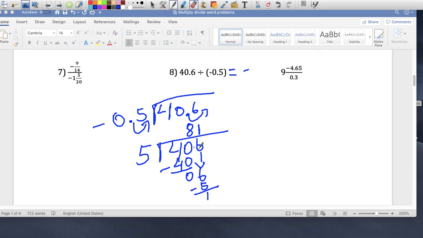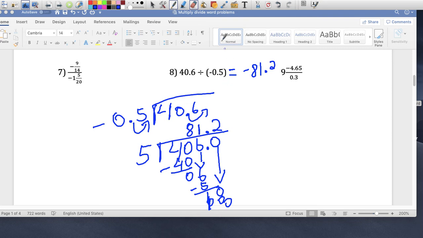Subtract and get left over. We're going to continue. We're going to add a decimal and a 0. And 5 goes into 10 2 times. So that's going to be 10. 0 left over. So the answer is, well, it's a positive divided by negative, so it's going to be a negative 81.2.